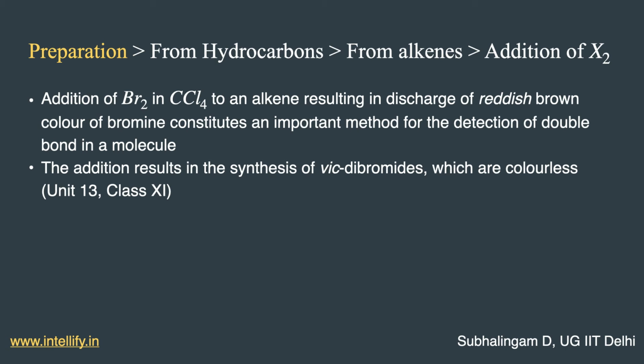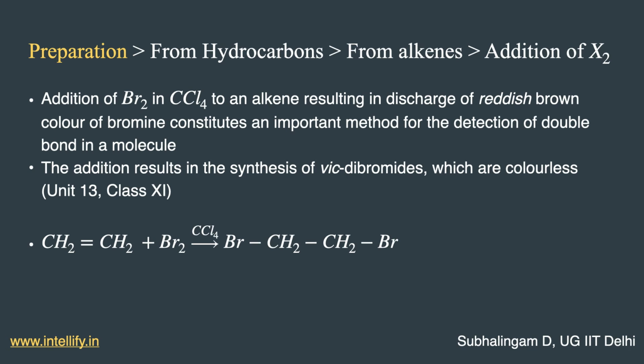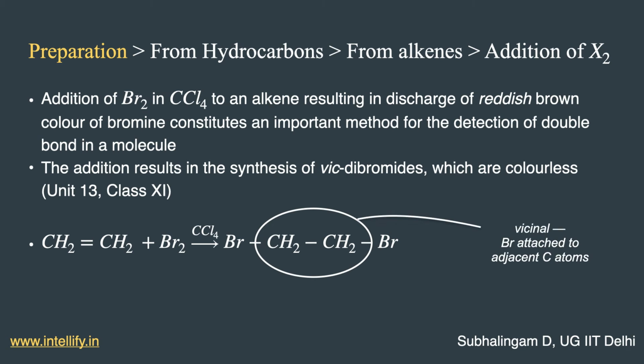The addition results in synthesis of vicinal dibromides which are colorless. This method is actually used as a test for presence of a double bond. So I take ethene and treat it with bromine in presence of CCl4 solvent. I get 1,2-dibromoethane, that is also called vicinal dibromoethane.